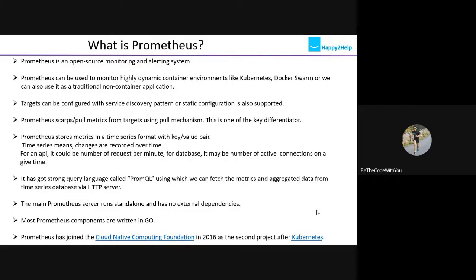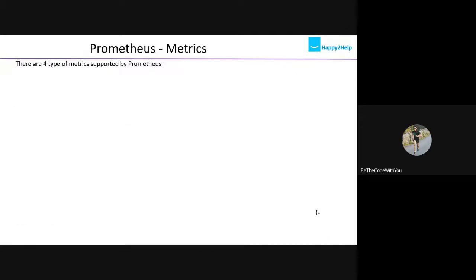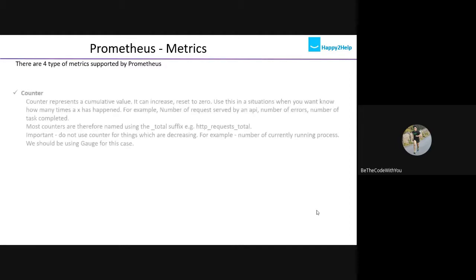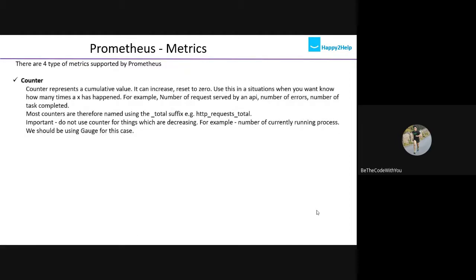Okay, good to go next. Okay, so Prometheus metrics. There are four types of metrics supported at the moment. One is counter. A counter can increase or reset to zero. You normally use it in a situation where you want to see how many times X has happened, so probably the number of requests served by an API, number of errors, number of tasks completed.